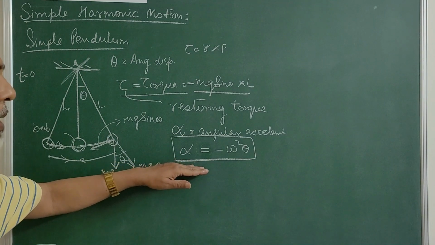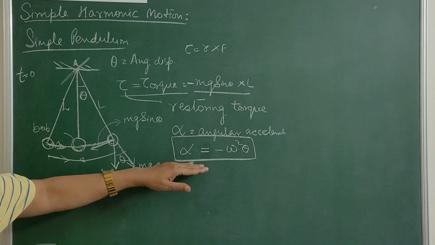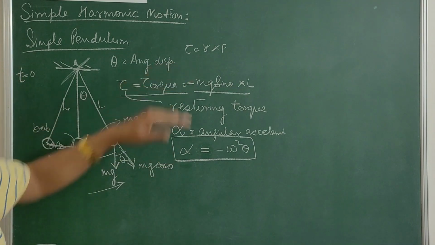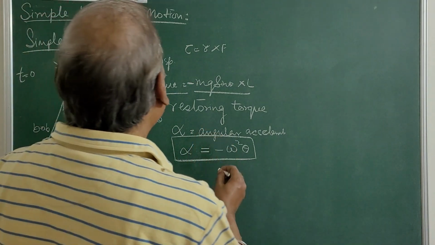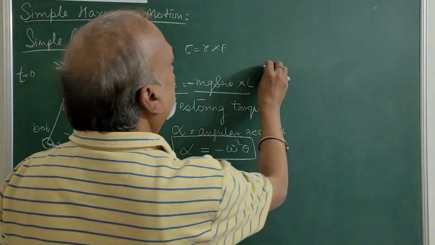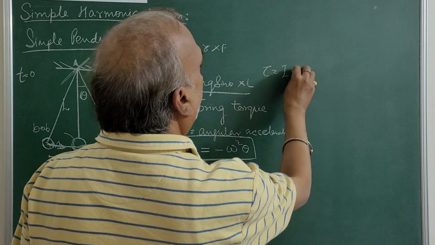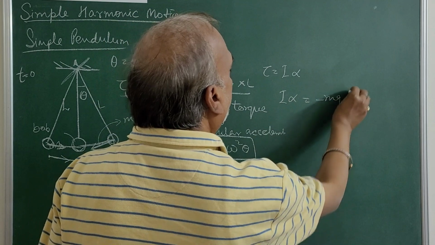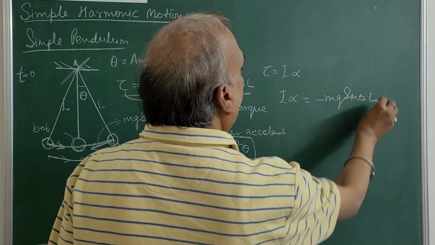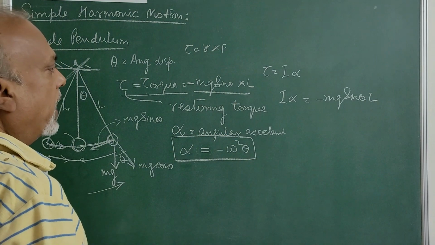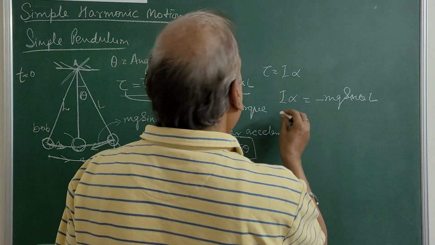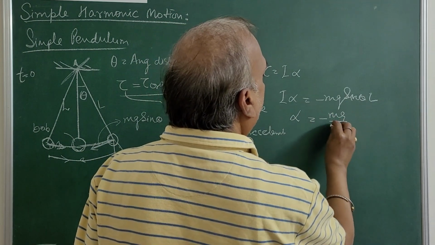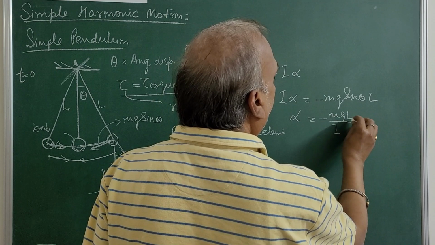So this is the condition of SHM. Correct? But in this case, if you see, this torque is nothing but I into alpha. I alpha will be nothing but minus mg sin theta L. Correct? So alpha is nothing but mgL upon I into sin theta.